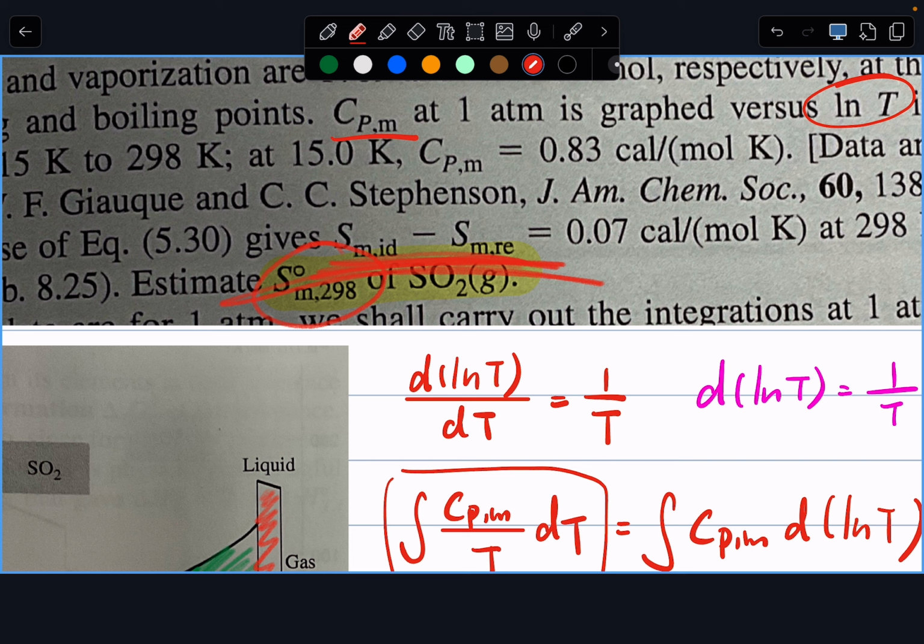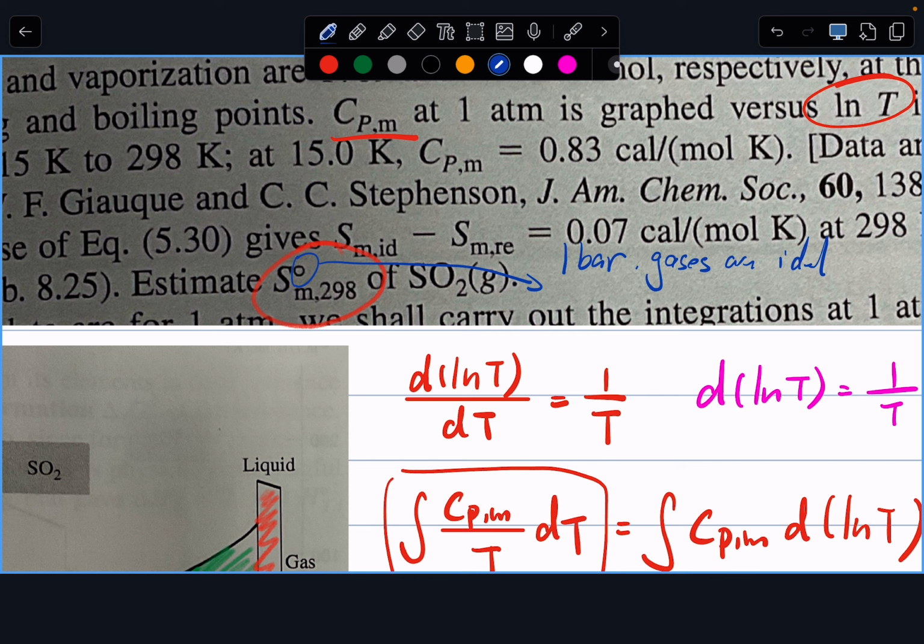And one more trap in this question. For the standard state, we have this little knot. This little knot tells me that P equals 1 bar and gases are ideal. So two more steps.